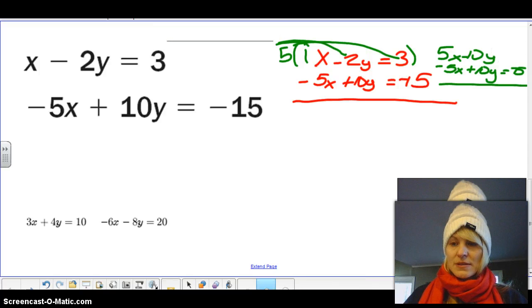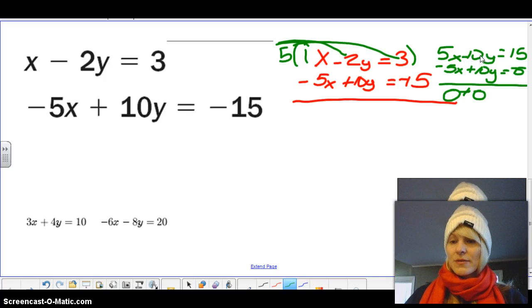Let's see if I can fix this. There we go. That equals negative 15, right? So here we have positive 5x and negative 5x, that's 0, plus negative 10y and positive 10y, that's 0. And make sure you're applying the negative in front of that. And then we have 15 and negative 15 is 0. So I get 0 equals 0.